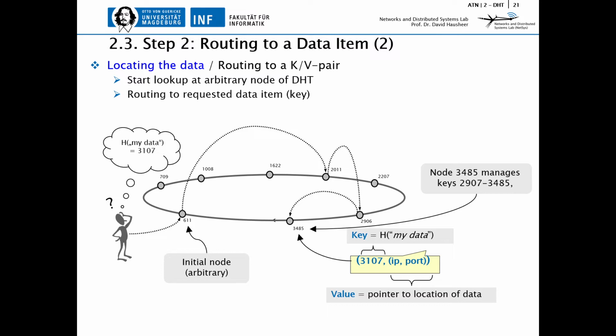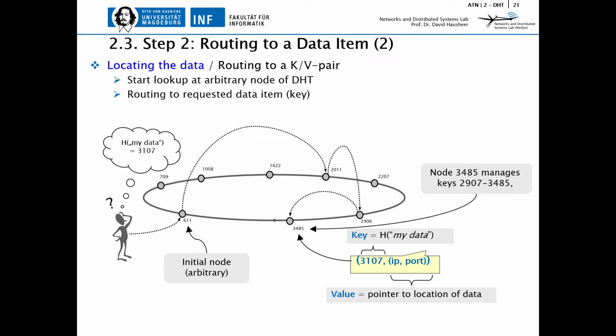In this case, the DHT is organized such that the node that follows the corresponding key 3107 is responsible for that data item, and in this case this is the node with the ID 3485.